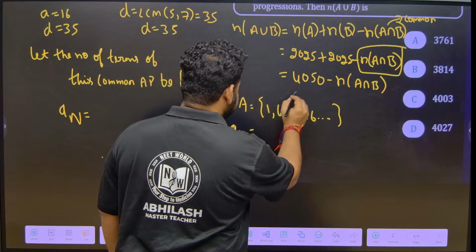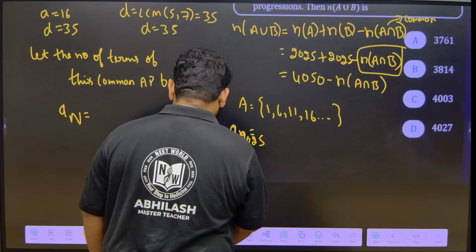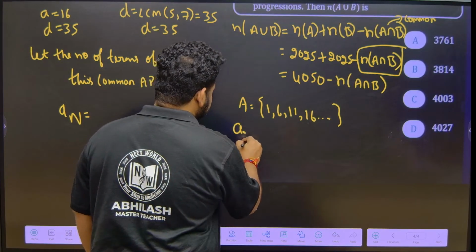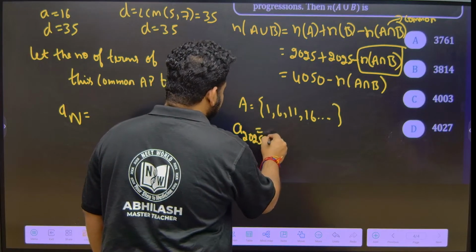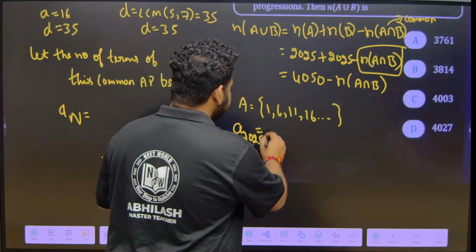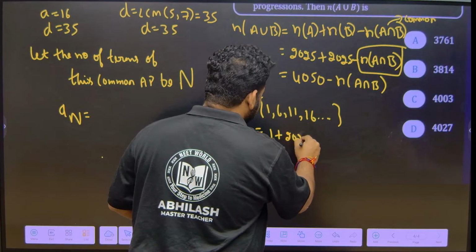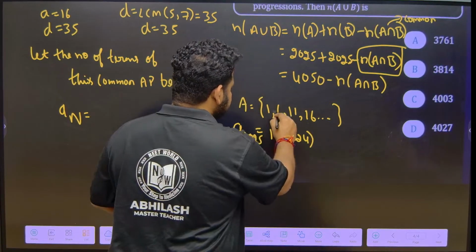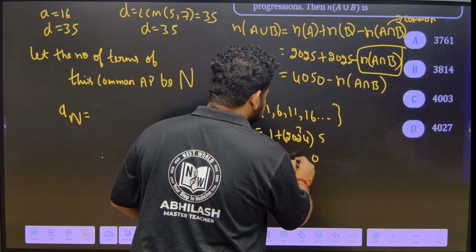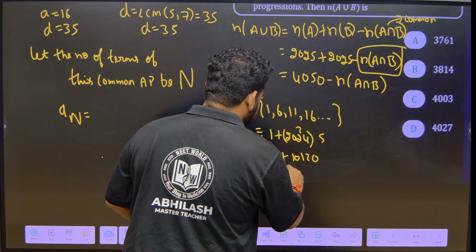If I have to find A2025, A2025 is equal to A plus 2024 times D. A is 1 here, and D is 6 minus 1, it is 5. This will give us 1 plus 5 times 2024, which is 10120, so 10121.